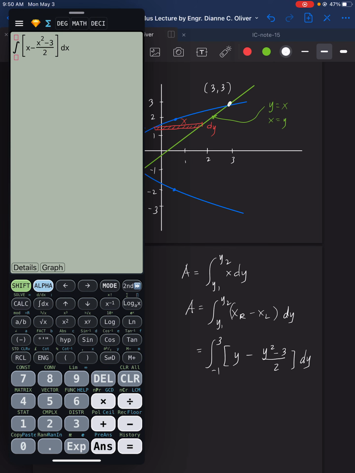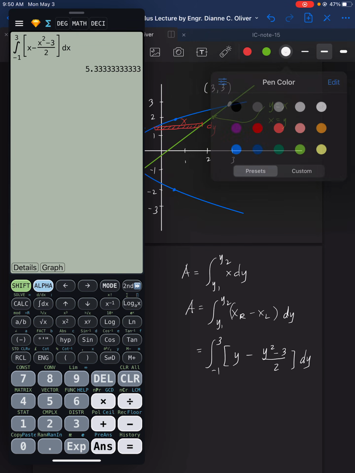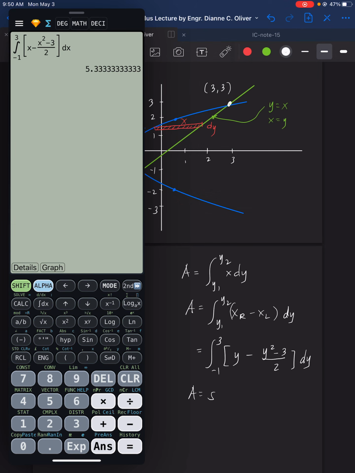The lower limit is negative 1 and the upper limit is 3. So the answer there is 5.33. So area is equal to 5.33 square units. So that's for number 4.